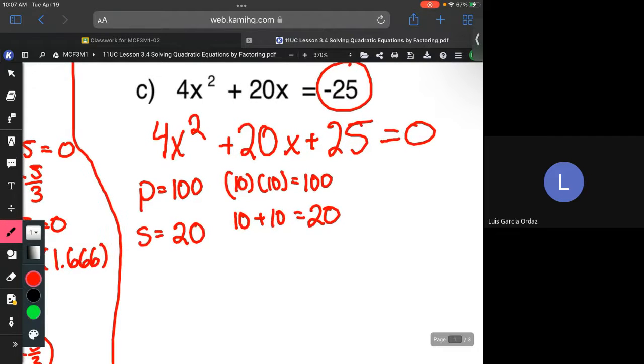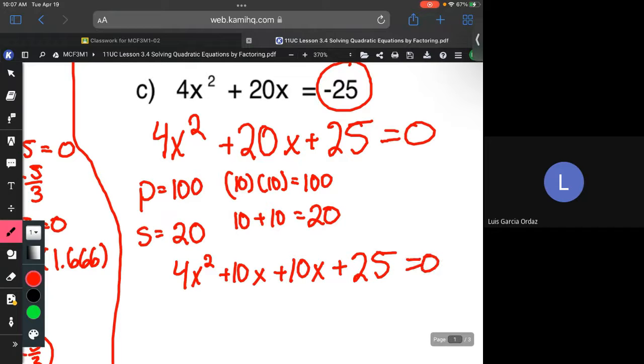All right. So now we're going to do the factoring by decomposition or grouping. So I get 4x squared plus 10x plus 10x plus 25. So again, we're going to focus on 2 at a time. So let's focus on 4x squared and 10x.